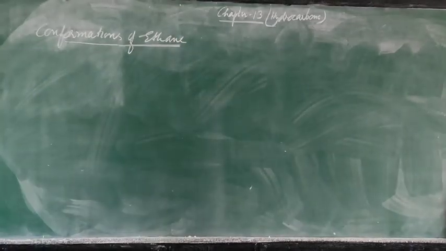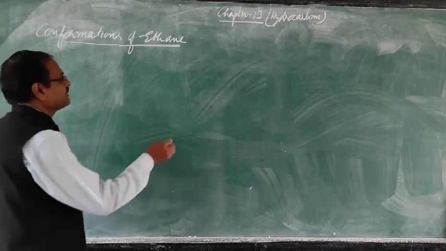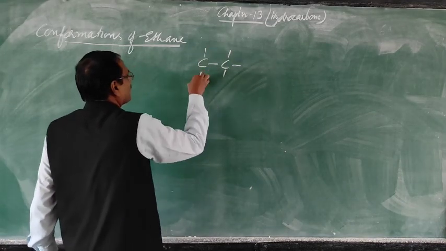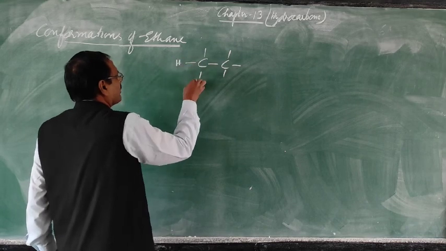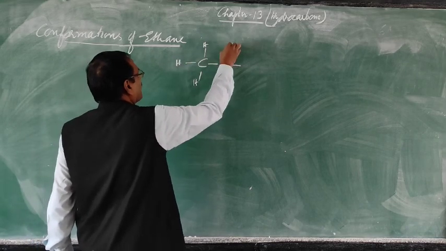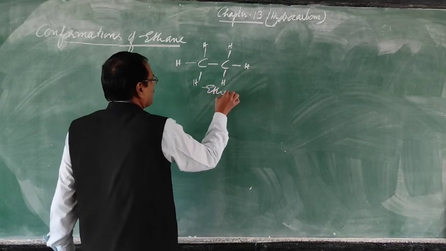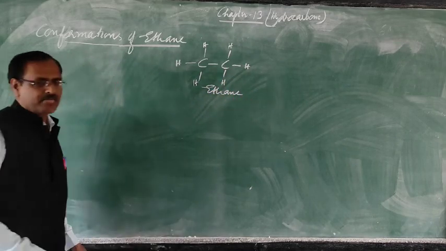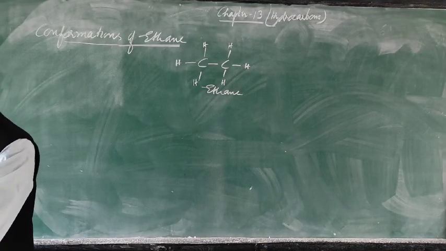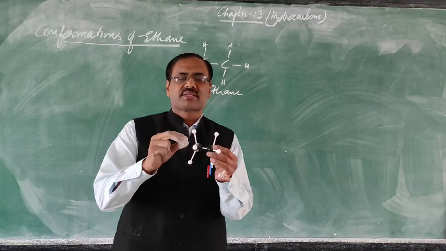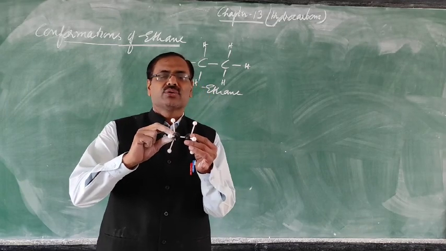This is the structure of ethane. In ethane, just you see, one carbon atom is kept fixed, then another one is rotated.